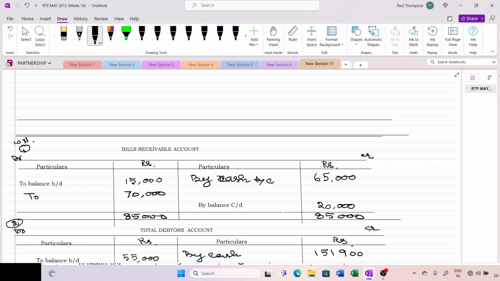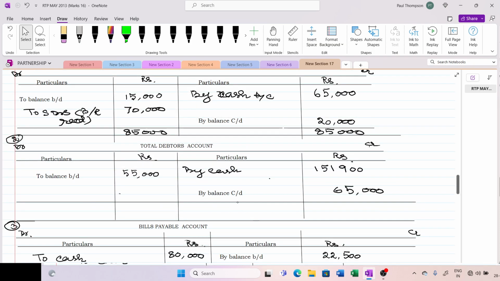You have to write to sundry debtor account, BR received. So this will go to the opposite side of debtor account. This side by BR account.